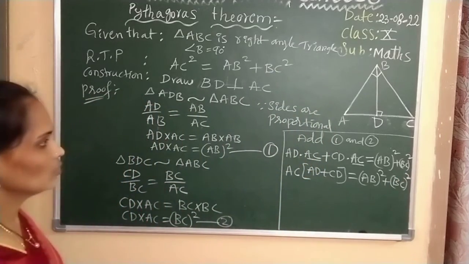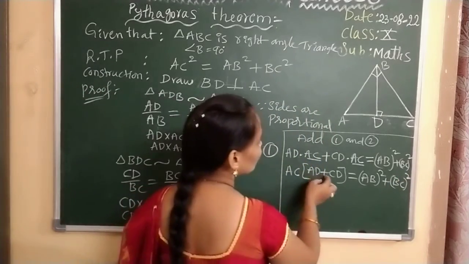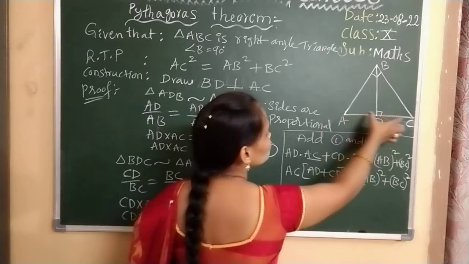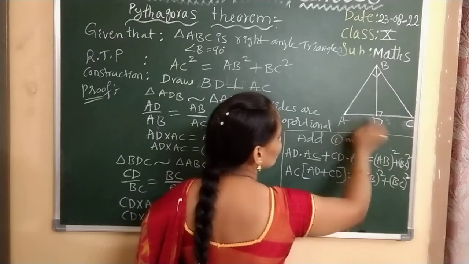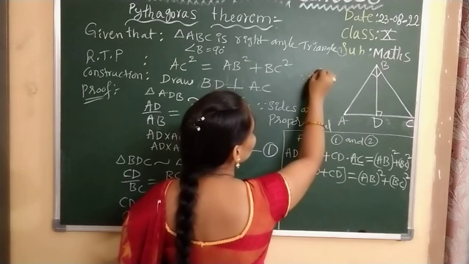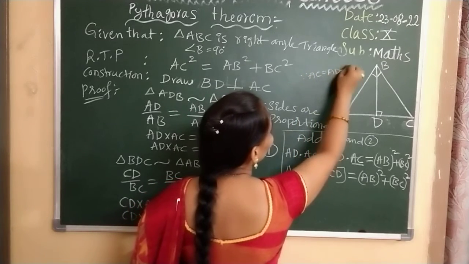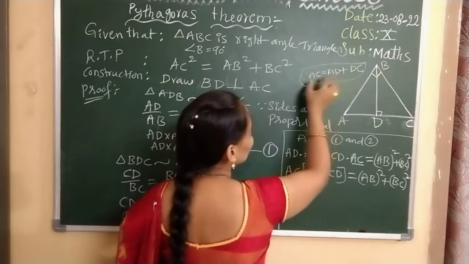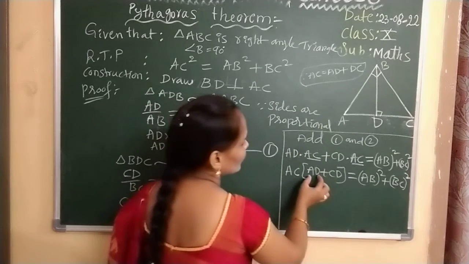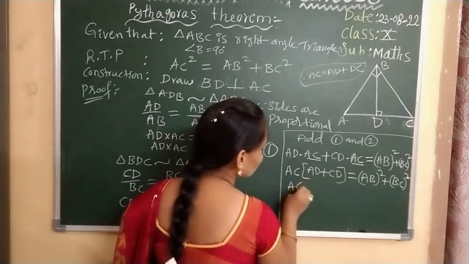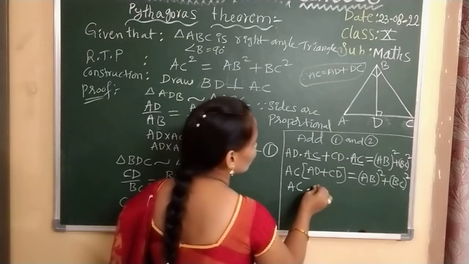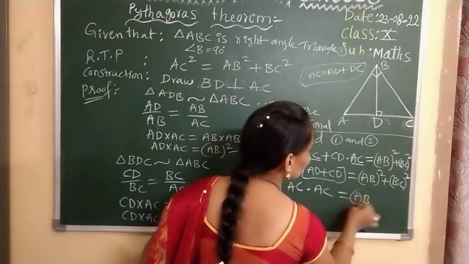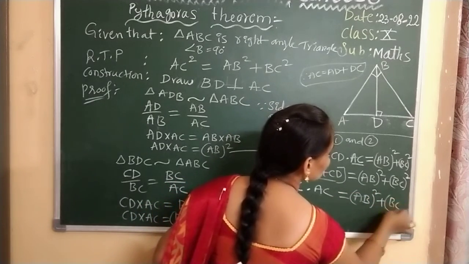Now look at the figure. Here we have AD plus CD. If you add these two parts, you will get the total side AC. Since AC is equal to AD plus DC, instead of AD plus CD I am writing AC, which is equal to AB square plus BC square.